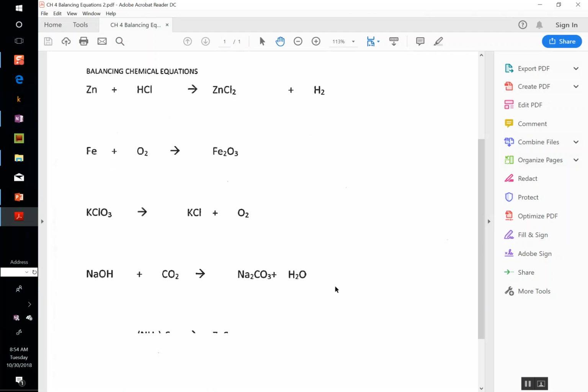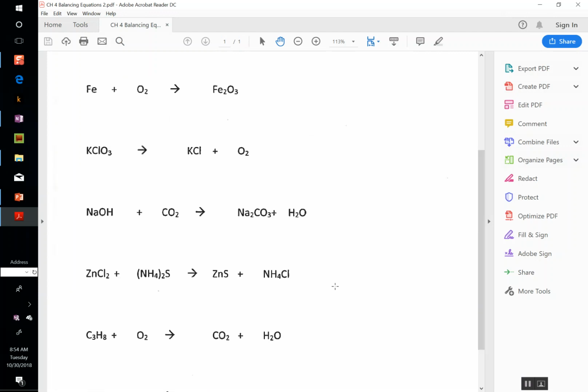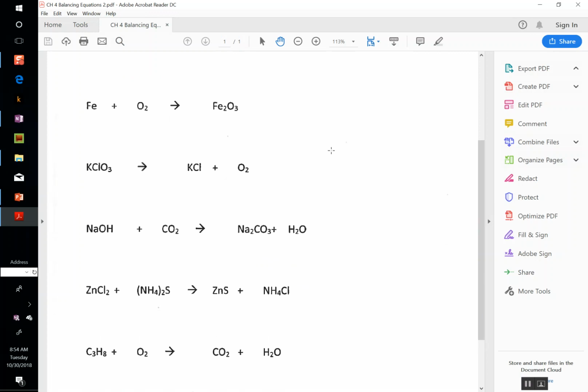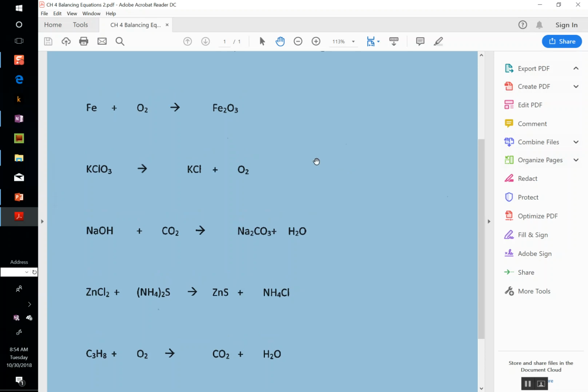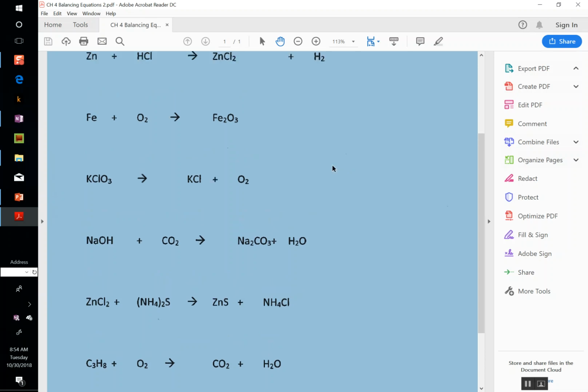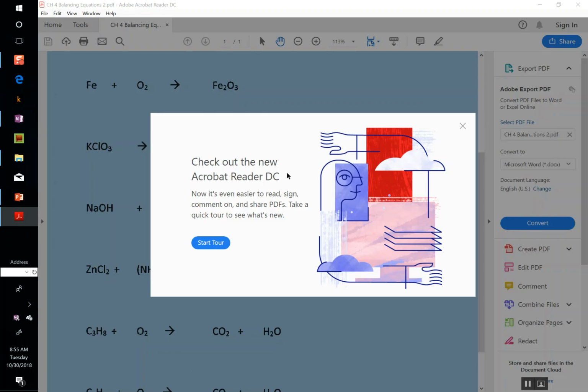Yeah, there we go. Okay, for example, here is an example of a decomposition. How do you know that? Well, there's only one reactant.